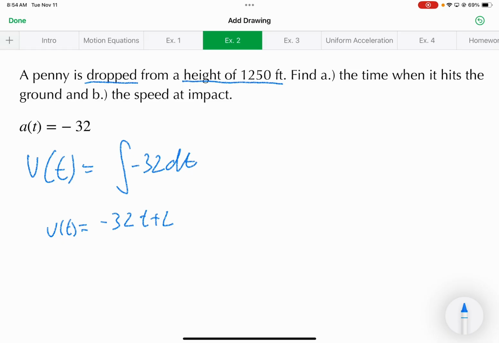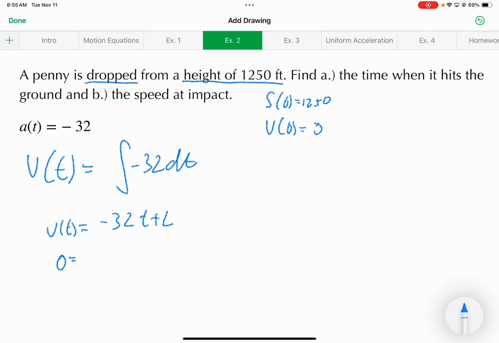Can we identify what that means? Okay, so s of 0 is 1250. What about v though? Because that's what I'm working with right now. Why is my initial velocity 0? Yeah, it's not moving, because it's dropped. Very good. So my initial velocity is going to be 0 because my penny was dropped.